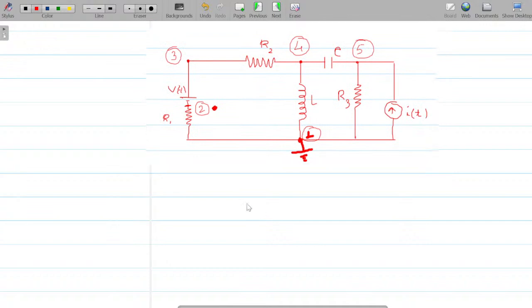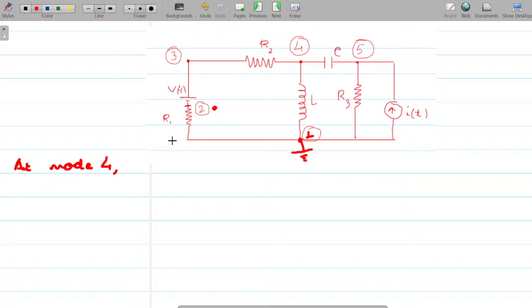Okay. So in this case, tell me, at node 4, where are we going to apply KCL? Because of KCL, we know all the leaving currents.